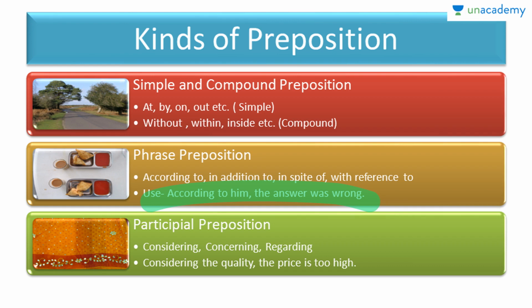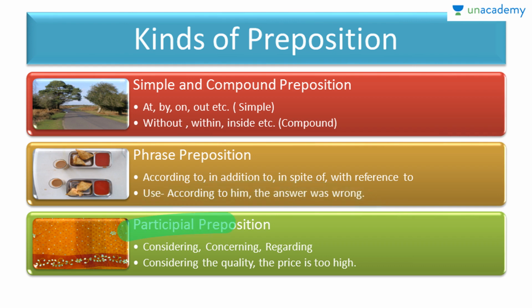This according to is a kind of preposition, establishing a relation between him and his answer. According to whom was the answer wrong? He was the one who said the answer was wrong. The relation between the answer being wrong and him is established by the words according to.